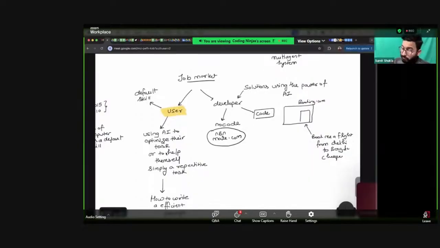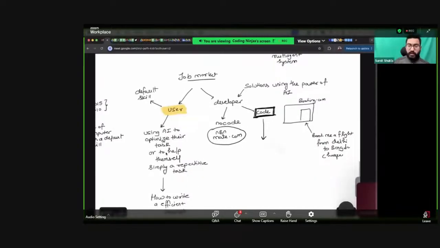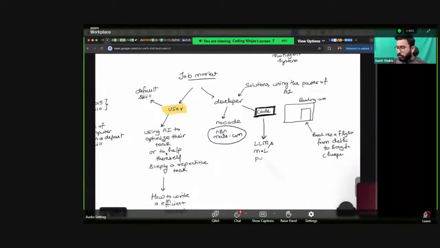But there are job requirements majorly available in this section, which is developing AI solutions using coding. And for this, you need to be aware about a lot of things. First of all, you need to be aware about a little bit the background of LLMs, how LLMs are trained, a little bit background about machine learning, basically how a machine was able to learn, a detailed background about Python.